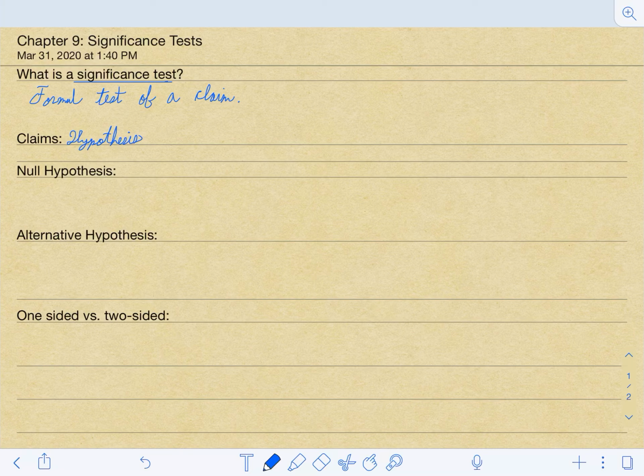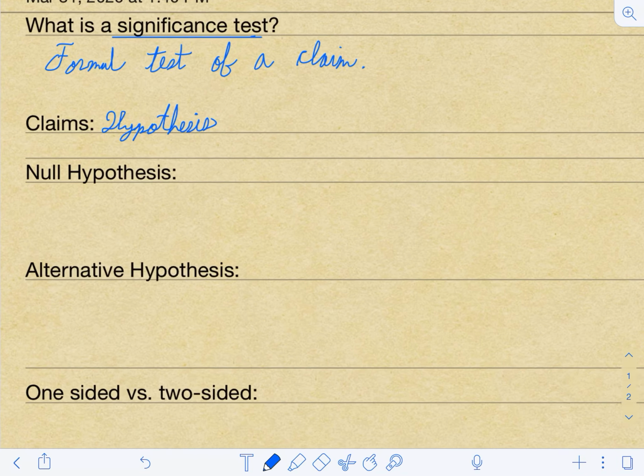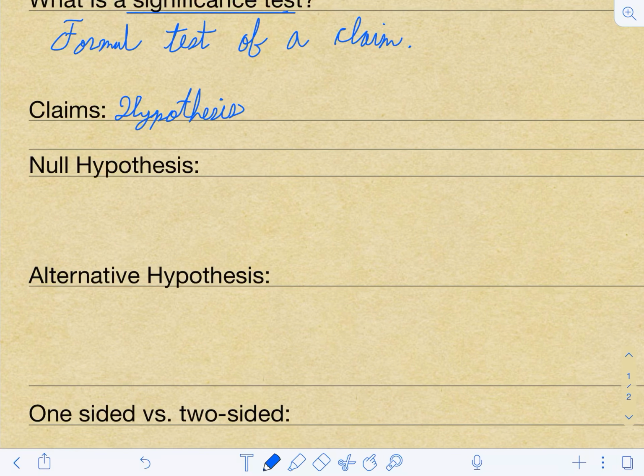Now, those claims are hypotheses, and so we actually have two different hypotheses that we come to. First, it's called the null hypothesis, and the null hypothesis is a simple claim that says that something's true.